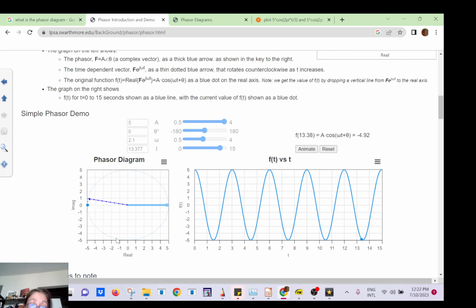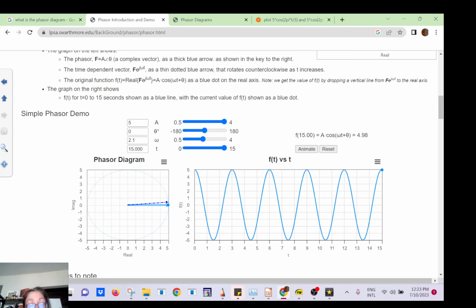It takes 3 seconds to go around. And if you take the x coordinate, that's when you get your cosine here. So sometimes it's called a phasor diagram. And we're going to see why it's convenient to use this visualization instead of that one.